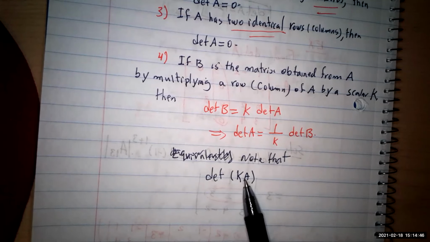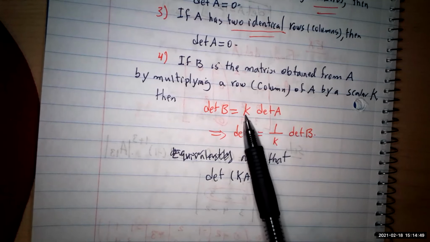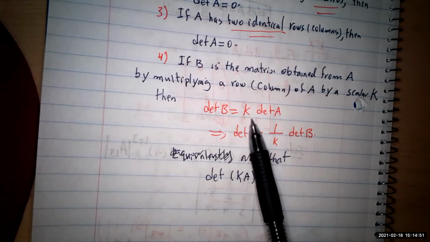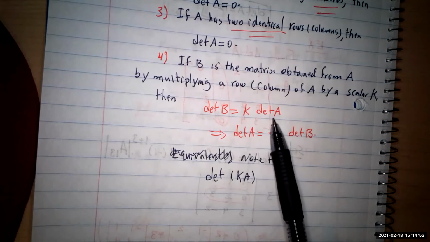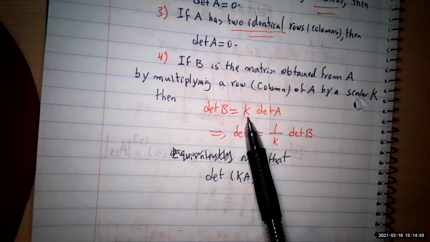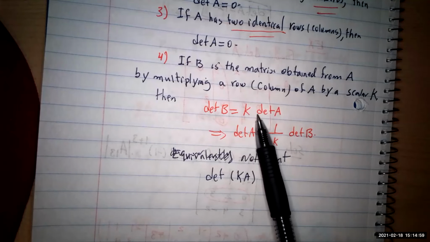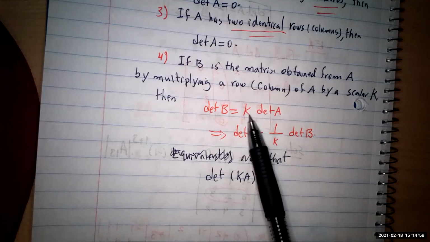If you multiply two rows, that gives you k squared, k to the third, k to the fourth. But your matrix has n rows. So this is going to be equal to k to the n times the determinant of A. It is a very useful formula in the future, and we are going to use it quite a lot.